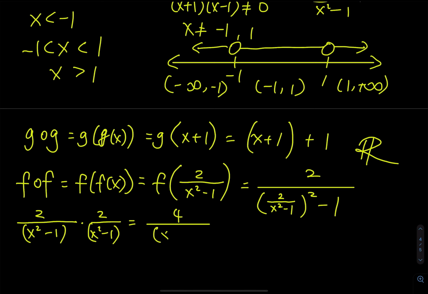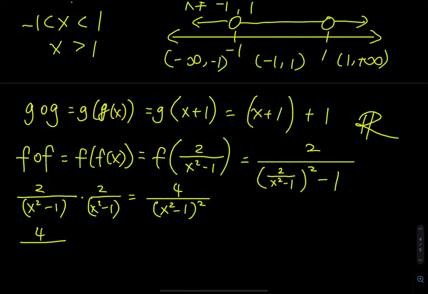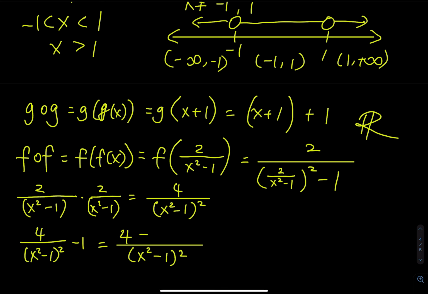I will just do this. x squared minus 1, I will just do a square, because you will have to minus 1, right? So you will have to take this minus 1, because for the common denominator, I will just do it right here. x squared minus 1 squared, and then 4 minus 1 times that, which is x squared minus 1 squared.